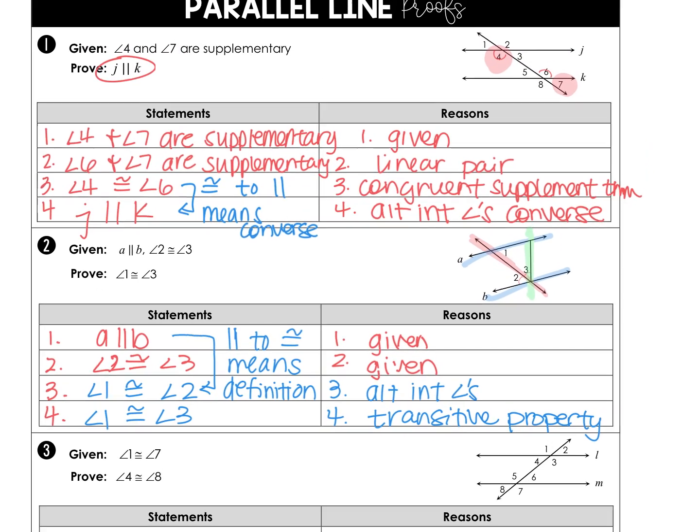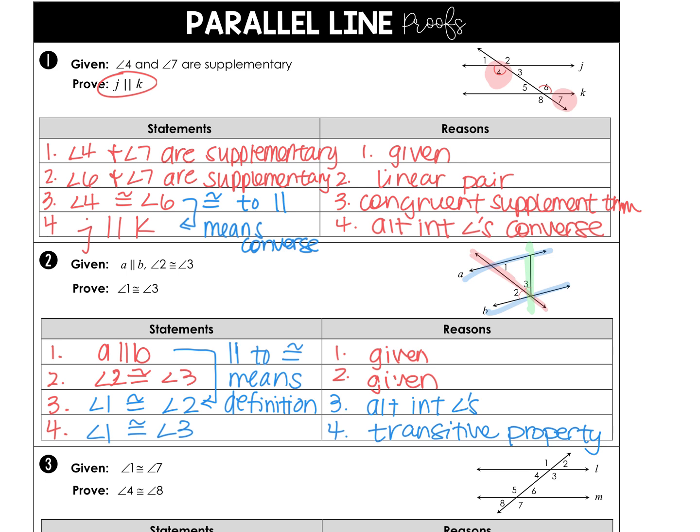So let's talk about the difference between converse and no converse. A normal definition of alternate interior angles says these angles are congruent. A normal definition says if P, then Q. If the lines are parallel, then alternate interior angles are congruent, right?